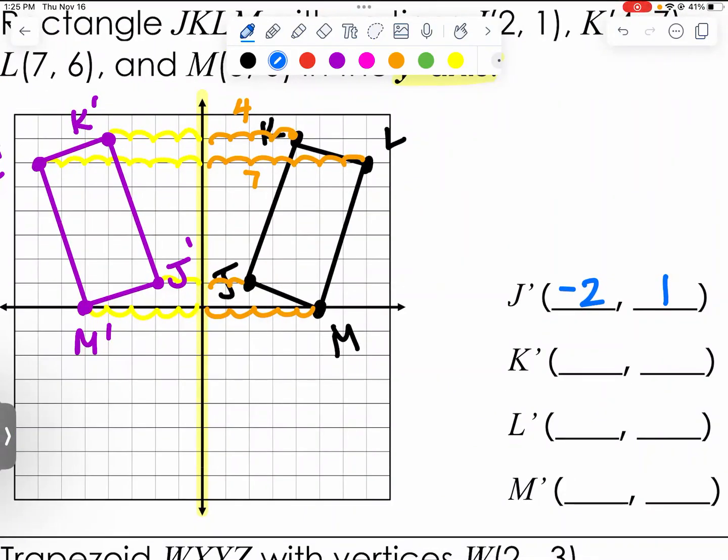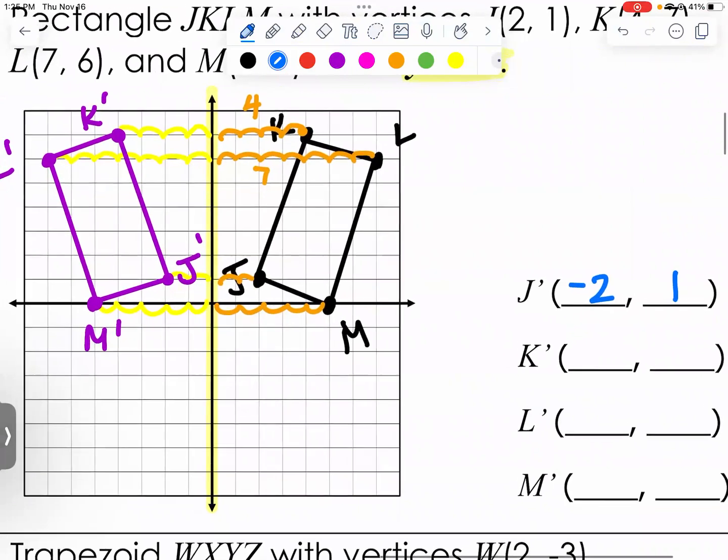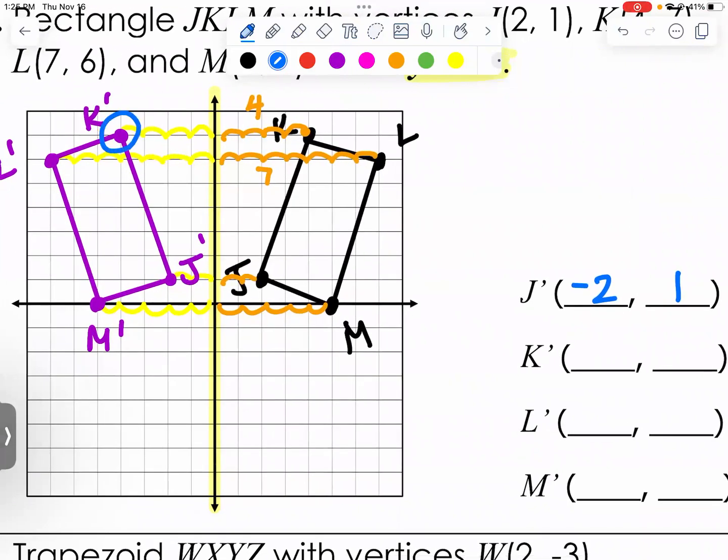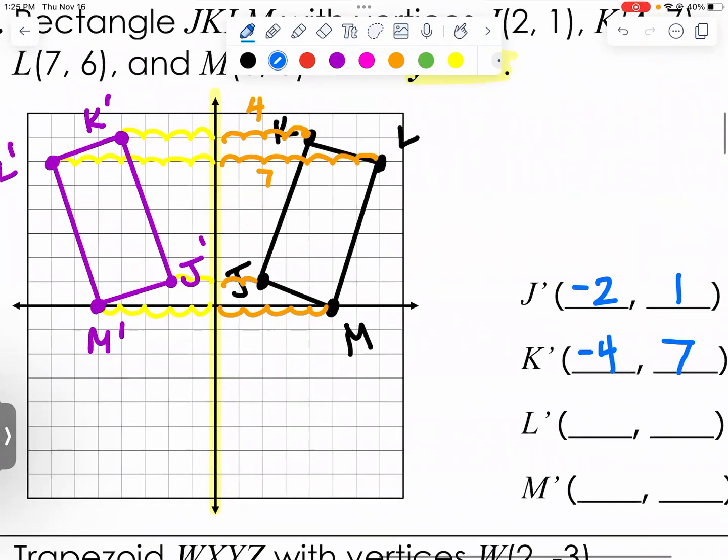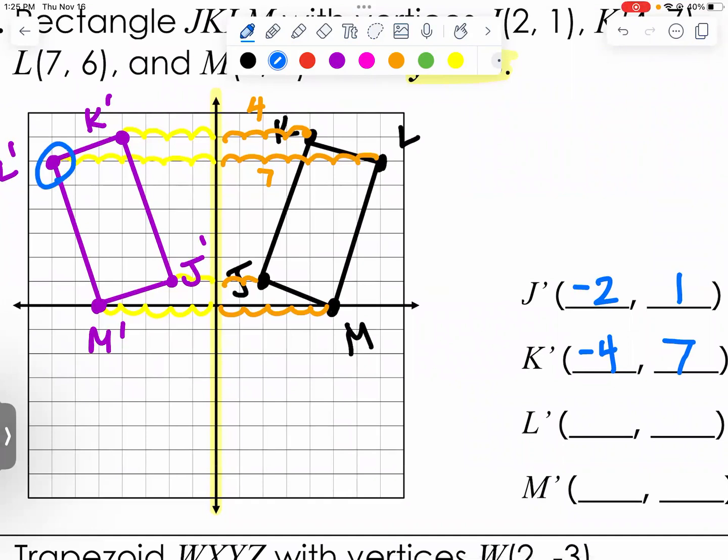Okay. K prime. Here's K prime. Kaden, what's that coordinate? 7. Good job, kiddo. Okay. L prime is this guy right there.